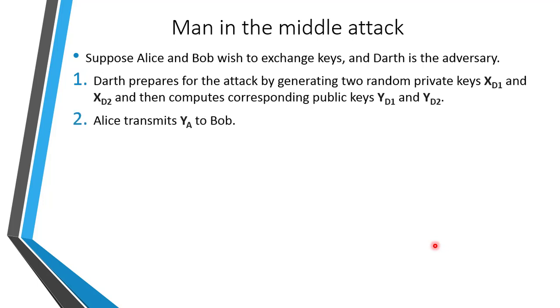After that, Alice and Bob want to exchange keys, and there is an interceptor. So Alice transmits ya to Bob, but here the transmission is intercepted by Darth.